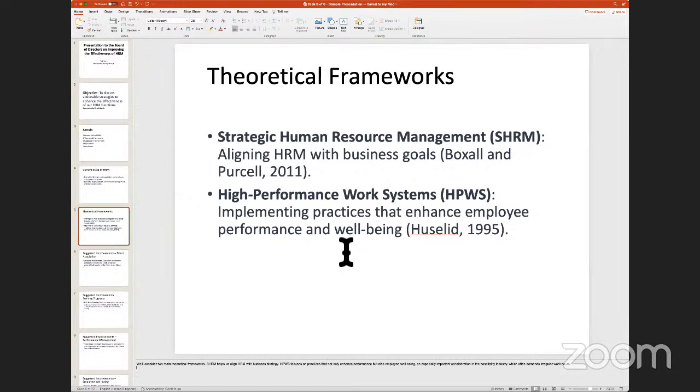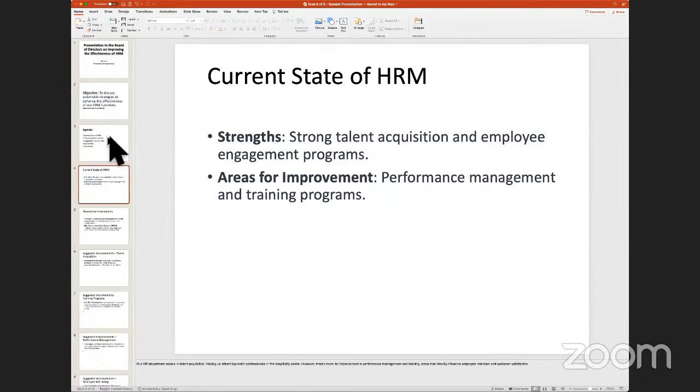The high performance work system framework focuses on practices that not only enhance performance, but also employee well-being. And they are essentially important for consideration within the hospitality industry, which often demands irregular work hours. So this is the point that I've explained, and why the frameworks have been used. I've explained them in each of the slides under the speaker notes.